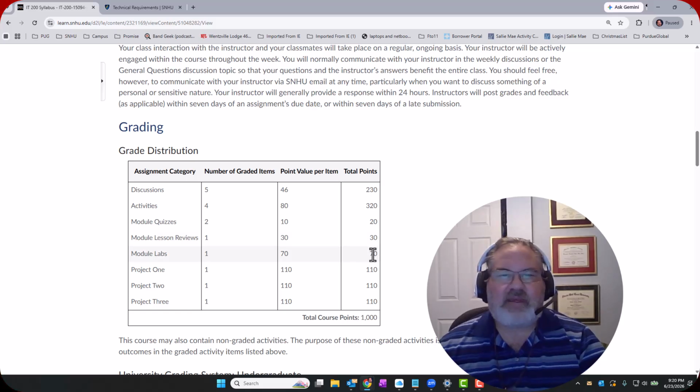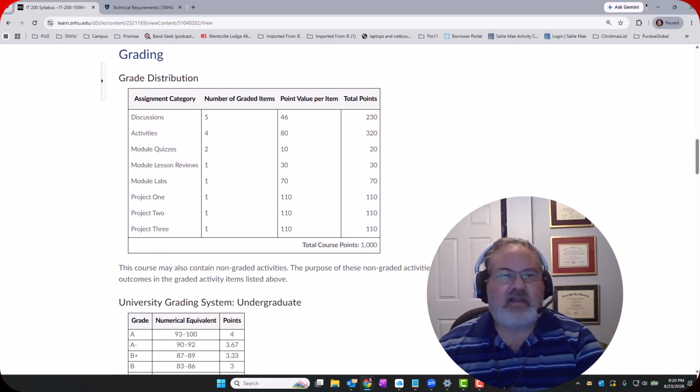Module labs make up 7%. Your Project 1 makes up 11%. Project 2 makes up 11%. And Project 3 makes up 11%. That brings us to a total of 1,000 points or 100%.